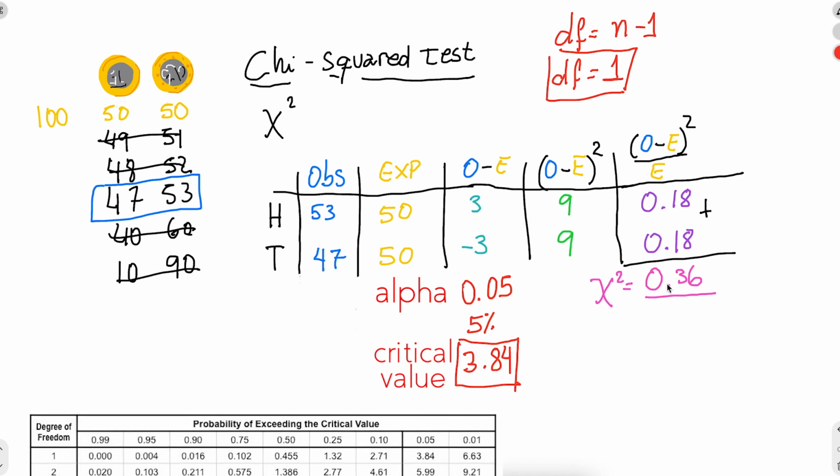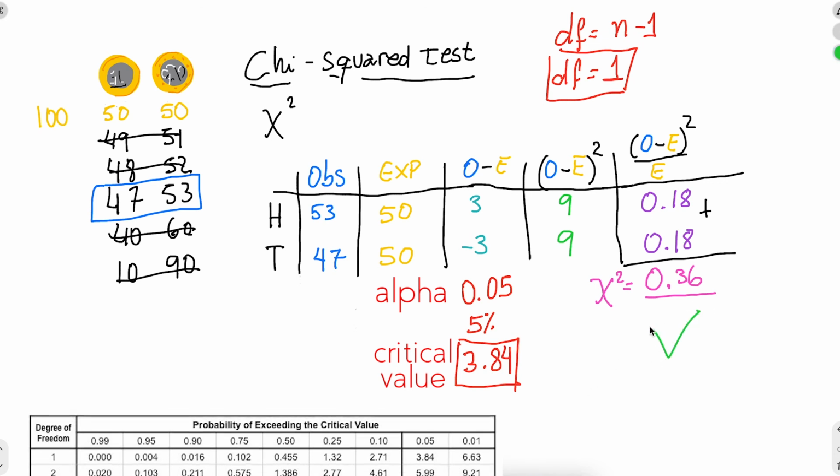Now let's compare. Is 0.36 larger than 3.84? No, it's not. That means, hooray, your coin passed the test. This distribution you see here is just random, and the expected values are totally fine.